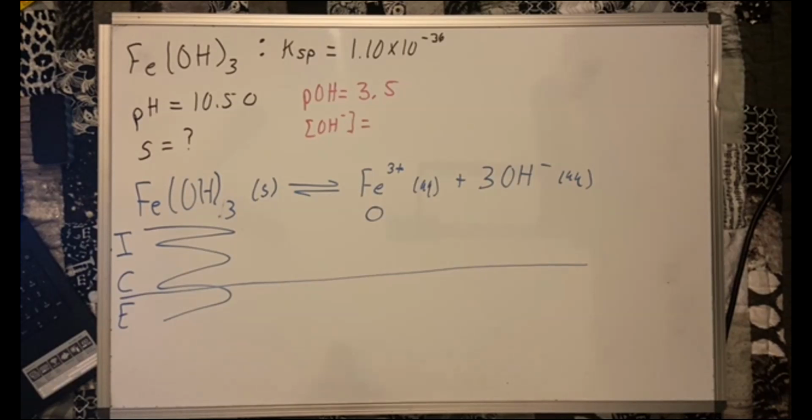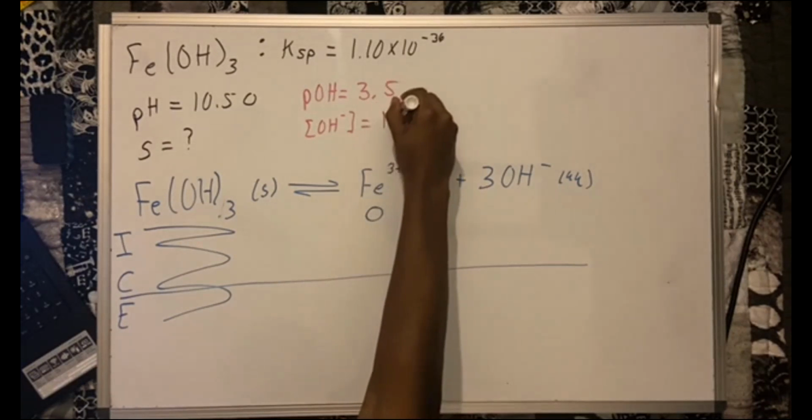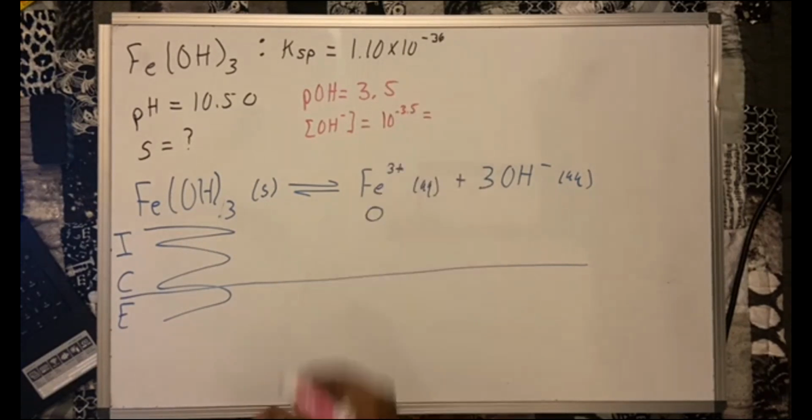Let's do the math. To get rid of pOH, you do 10 to the negative that. So 10 to the negative 3.5, which is, oh, sorry, lost my brain for a second there.